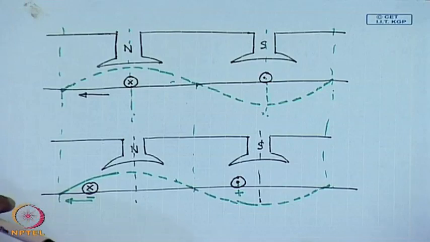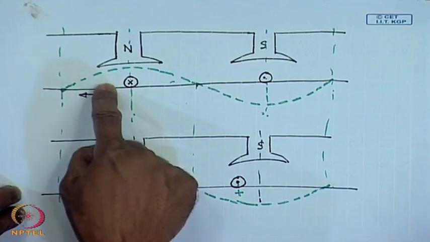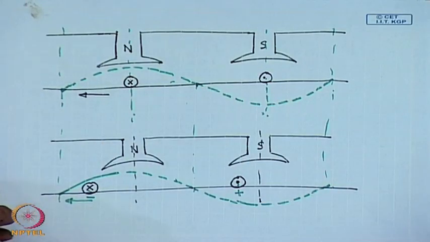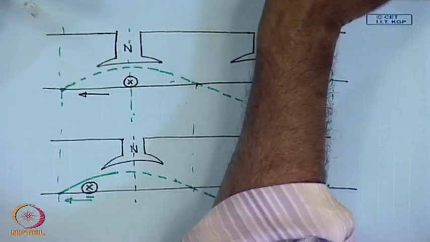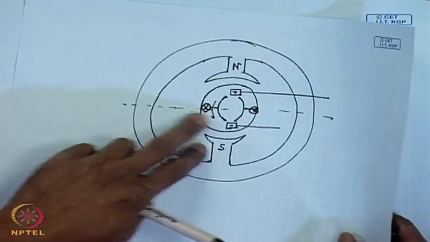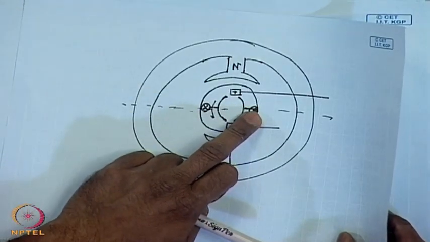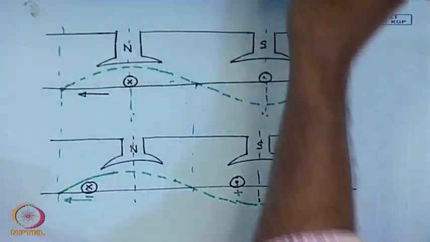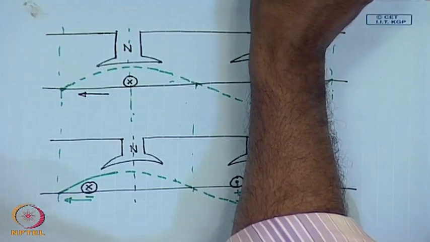So, voltage will still be induced because there will be a rate of change of flux linkage. Now, as long as we are not connecting any resistance or any external circuit to the coil, there will be no current flowing, hence there will be no repulsive or attractive force, and there will be no mechanical work done.